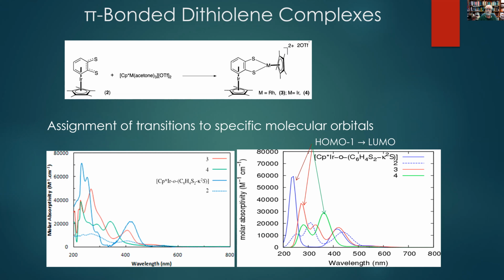And that means that by the time we've gotten to the 30th state, we're seeing transitions that are at wavelengths as short as about 250 nanometers. In order to reproduce what's going on at 200 nanometers on the left, we would have had to go to 50 or 60 excited states.